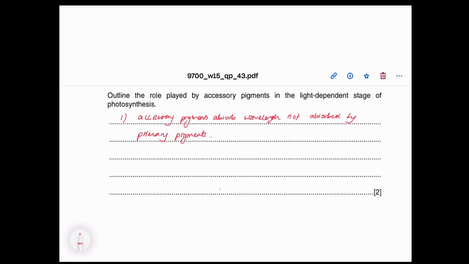So everything other than that will most likely be absorbed by accessory pigments. And the accessory pigments will pass the energy to the primary pigment. This is to allow the chlorophyll A in the reaction center to absorb enough energy to be excited to a higher energy level for the light-dependent reaction.